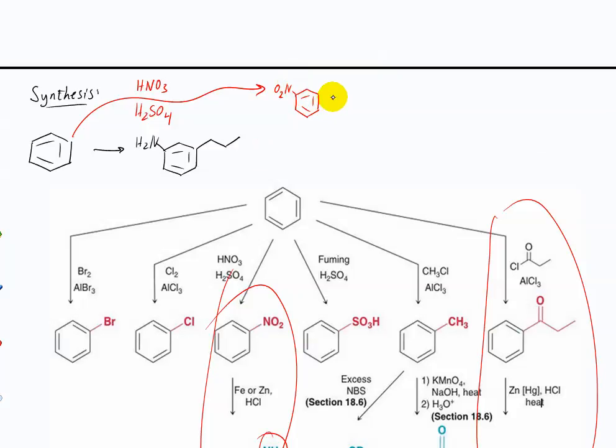And then to use the acyl chloride, although this is a less great way to do it because the nitro group is a stronger deactivator. So it's going to take a little bit harsher conditions to do the Friedel-Crafts chemistry after the nitro group. But from a paper chemistry standpoint, that's fine.